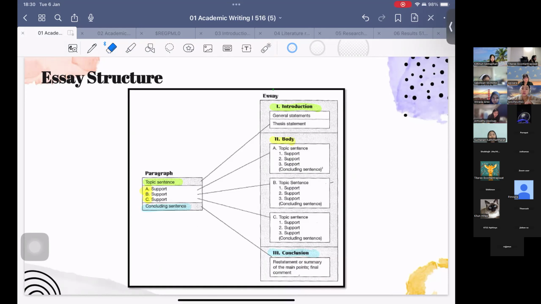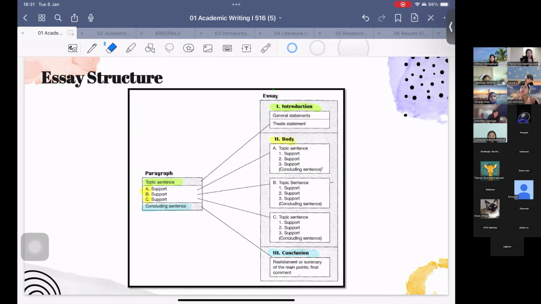However, the essay would be the extended, long version of your details, of your topics, of your explanation.